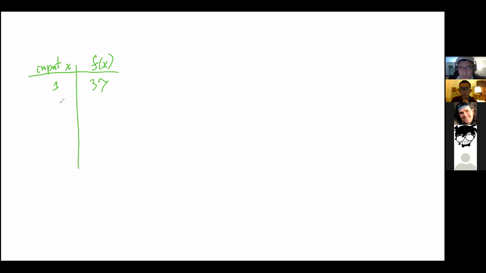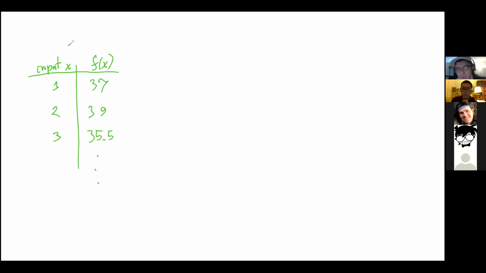If the input is 1, the output is 37. If the input is 2, the output is 39. If the input is 3, it's 35.5, and so on. And you don't know what the function looks like because it's some empirical relation that we don't have a proper way to mathematically describe.